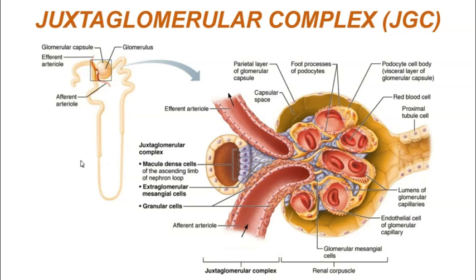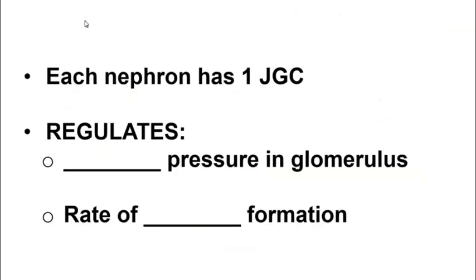They have a small population of cells called the macula densa cells that are actually within the ascending limb of that nephron loop there. The mesangial cells, which are situated between the ascending limb of the nephron loop and the afferent and efferent arterioles, and these granular cells that surround the superficial surface of the afferent arterioles.